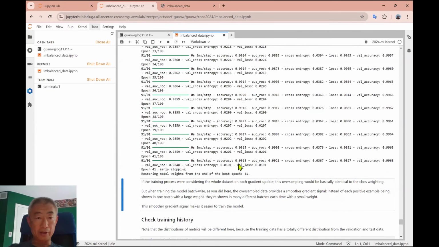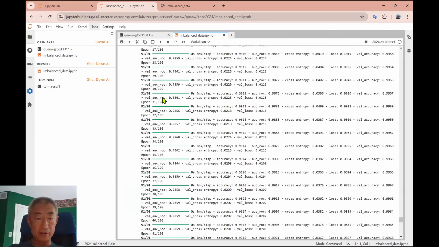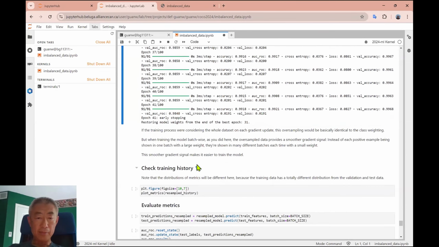So the best one is epoch 31. At 31, let's see, we got 0.9866, pretty close to the previous one, but that's the number we evaluate on the validation data set.